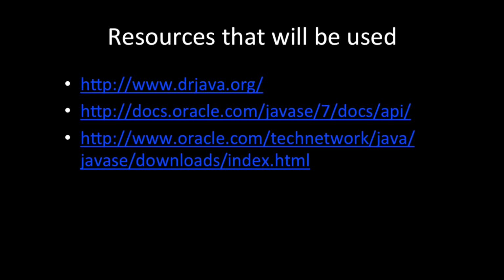The resources I'm going to be using in this list of videos are Dr. Java and the other two links I have there. The reason I call those two the other two links is because I'm not going to be explaining them until later on. And yes, they are very important links. The first one, though, is something you should check out first. Dr. Java is the development environment we're going to be using, and the recommended one, I would say. You could be using Eclipse when you're doing this. It wouldn't matter either way, but I would recommend Dr. Java.